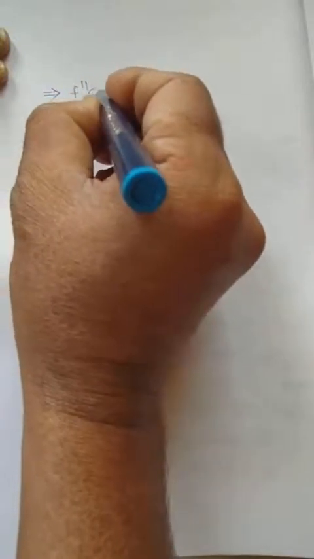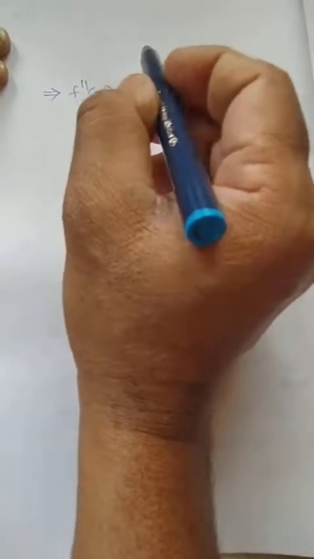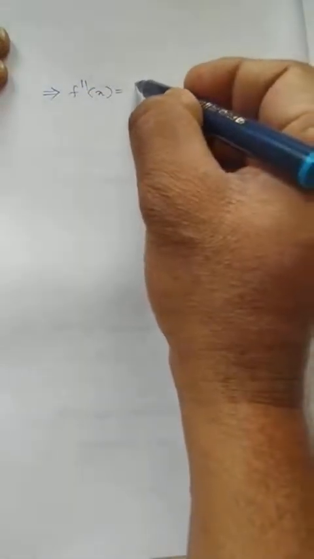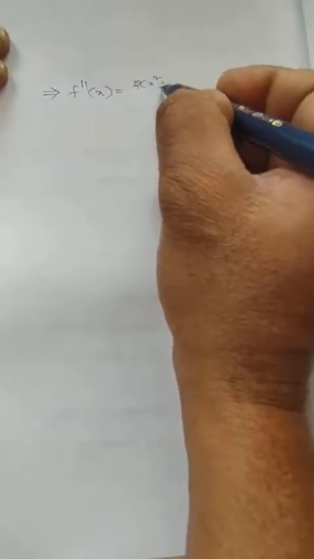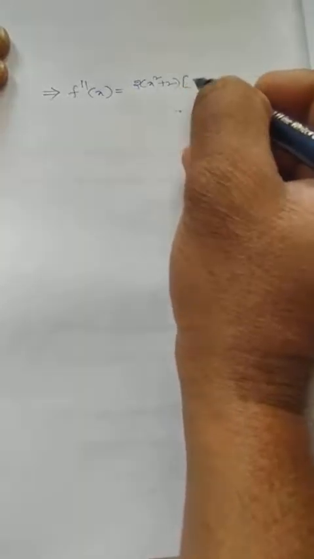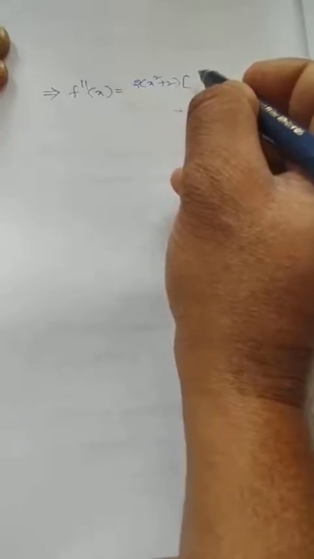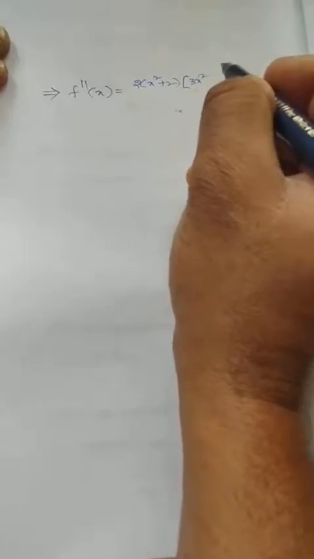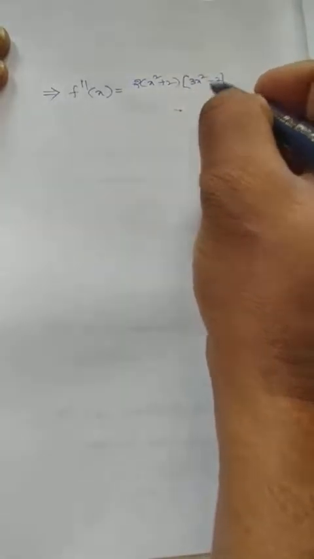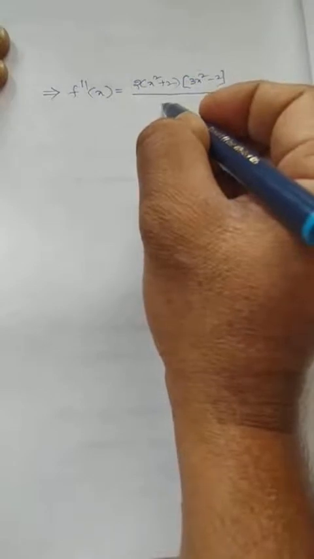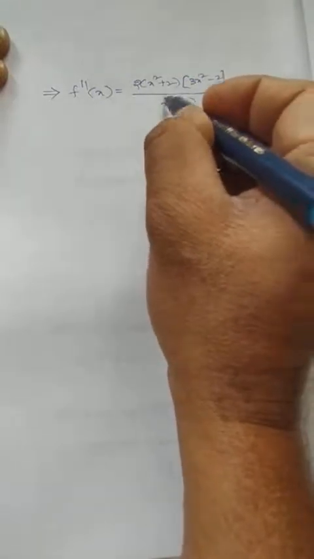It implies f double dash of x is equal to 2 into x square plus 2 and in this bracket 4x square minus 3x square... 4x square minus x square means 3x square and minus 2, by x square plus 2 whole power 4. This is the term we got as f double dash of x.